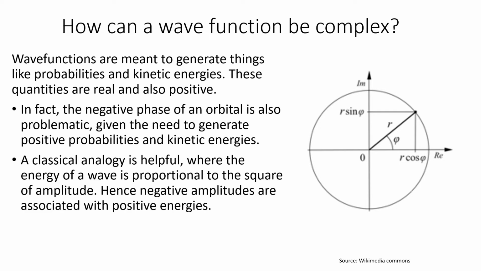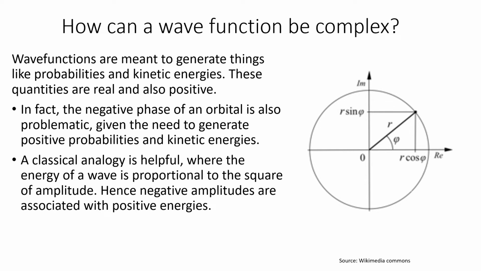It's interesting if we look at classical physics here, because in classical physics the energy of a wave is proportional to the square of the amplitude, and that way it's not a problem if an amplitude is negative, because when you square a negative amplitude you're going to get a positive number for the energy, which is what we'd want. So in classical physics we square wave functions, if you like, to make them positive, to describe the energy, which has to be a positive number.